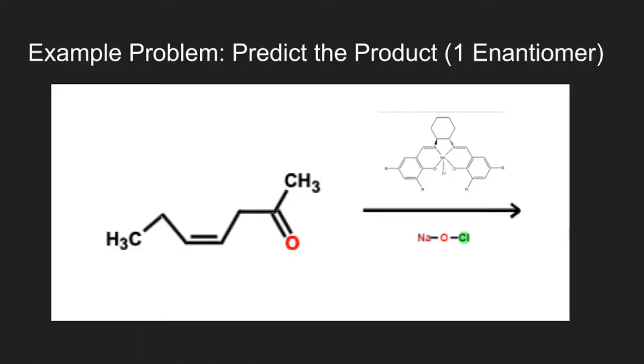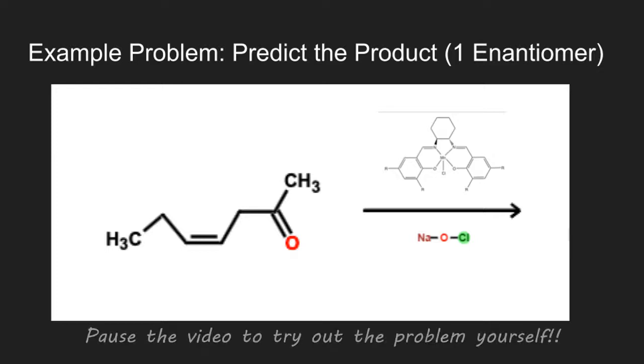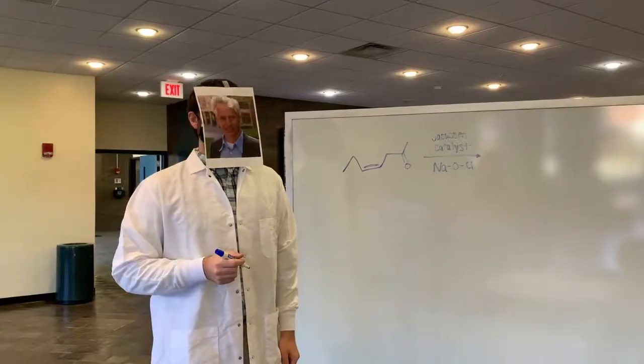Okay, so now we're gonna go over an example problem together, and for this problem you need to have a cis double bond in order for the Jacobsen epoxidation to occur. So for this one, we're gonna predict the product if this molecule on the left reacts with both the Jacobsen catalyst and bleach. Here, let me explain.